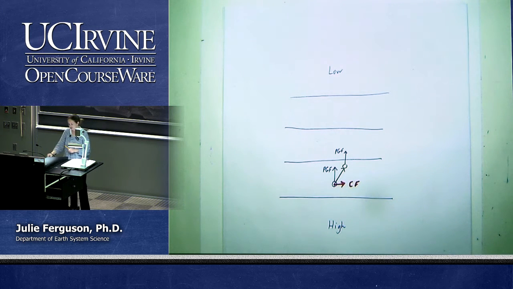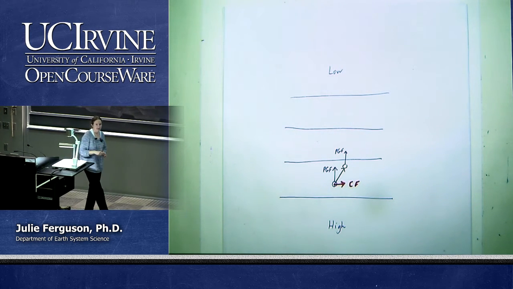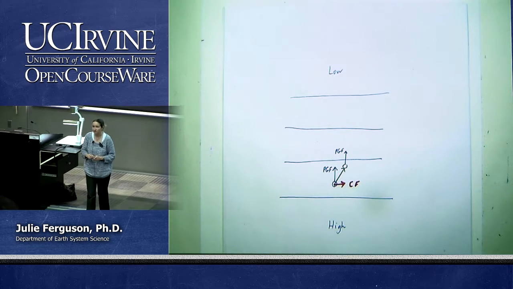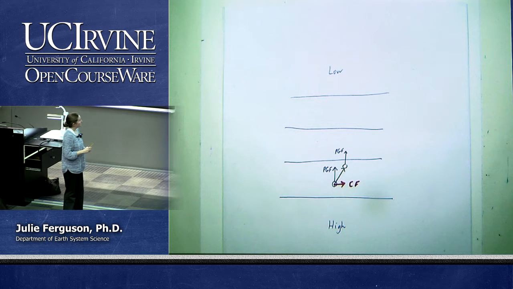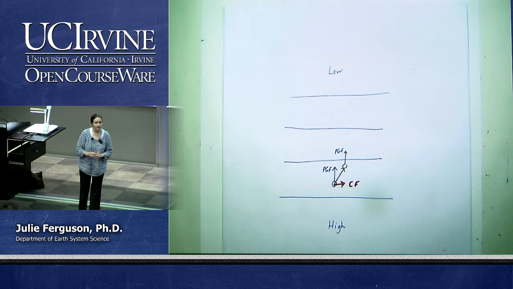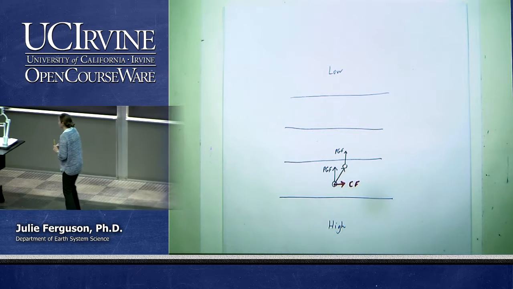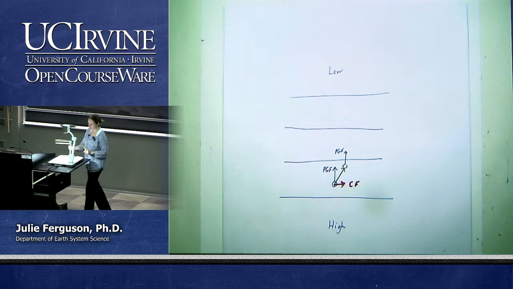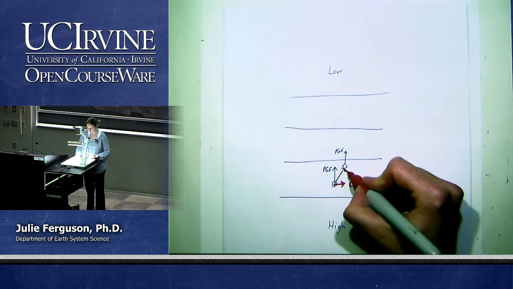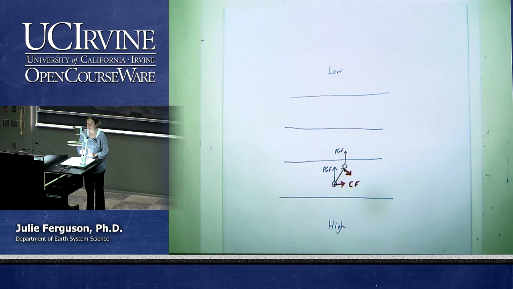But now, where is my Coriolis force acting? It's acting at 90 degrees to the right of the motion. Okay? So what is that going to be? Is that going to stay the same? No, it's not going to stay the same. If we look at where 90 degrees is to how that wind is moving, it's now that way.